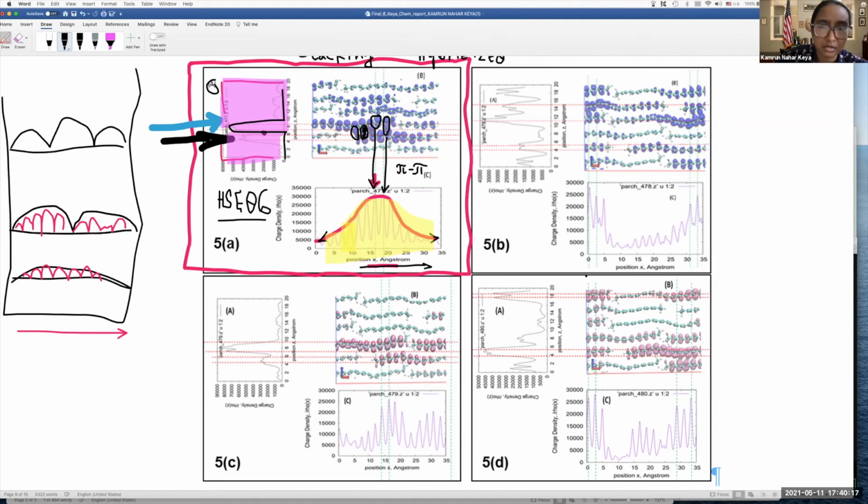It's around 30,000. And at the edge also there is a peak, the highest peak. And in the middle position, the charge density is almost not 0, but less than at the edge.